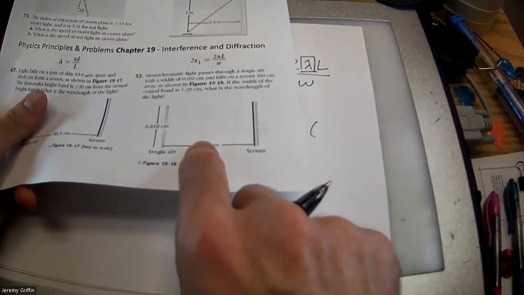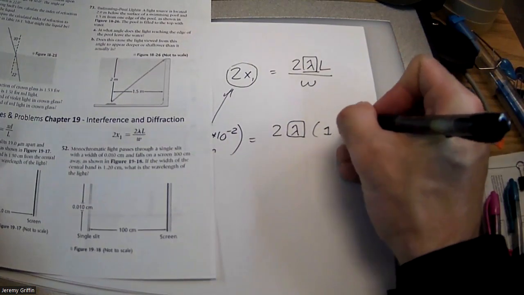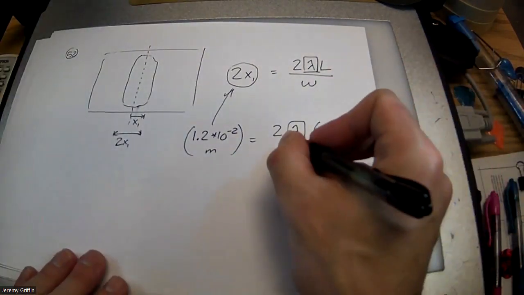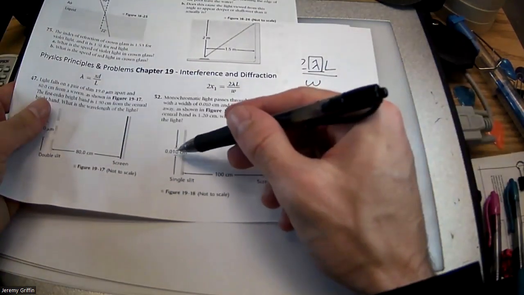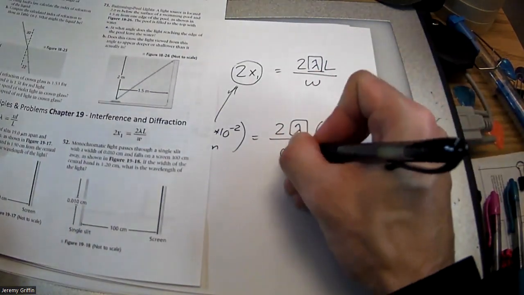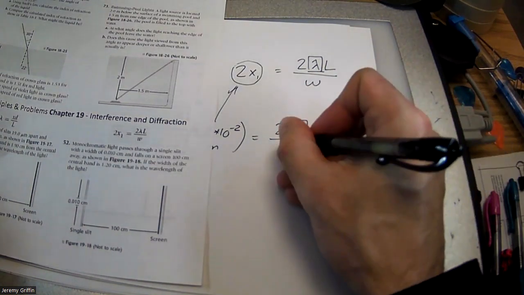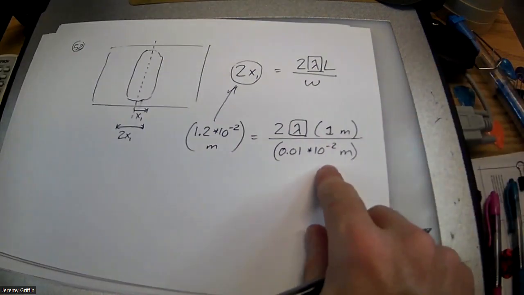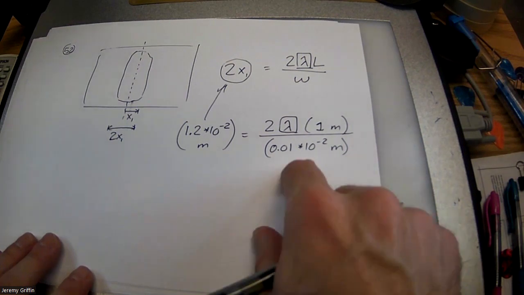Let's convert that right now. Just call it 1 meter exactly. All divided by the width of that single slit, which is 0.01 centimeters. That's 0.01 times 10 to the minus 2 meters. Centi, 1/100. That's the scientific exponent way to think of it.